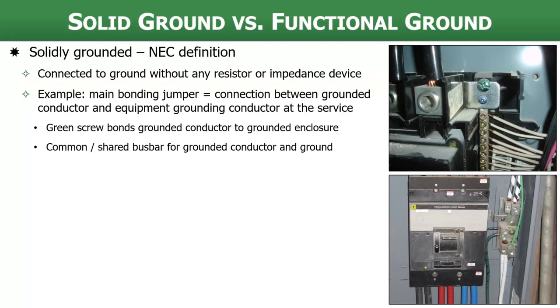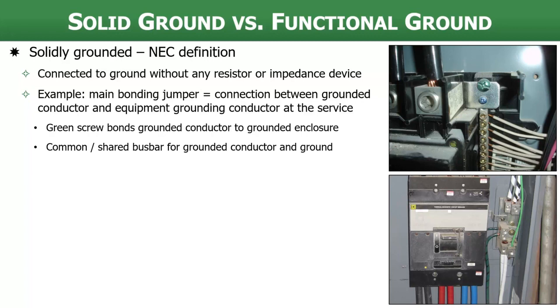So it's a solid, direct physical connection to ground. An example would be the main bonding jumper in a main service panel. That's a connection between the grounded conductor and the equipment grounding conductor at the service.